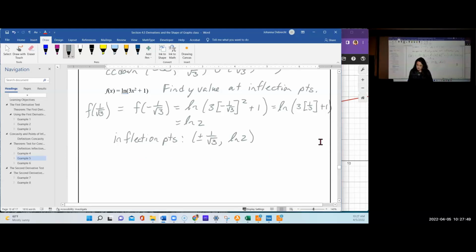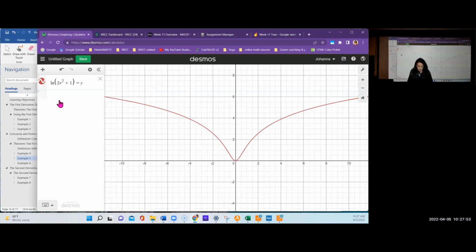So let's put that information in over here on our graph. Plus or minus 1 over the square root of 3, natural log of 2. So negative 1 divided by the square root of 3, comma, natural log of 2. Oops. I always manage to get the commas and the quotes in the wrong place.